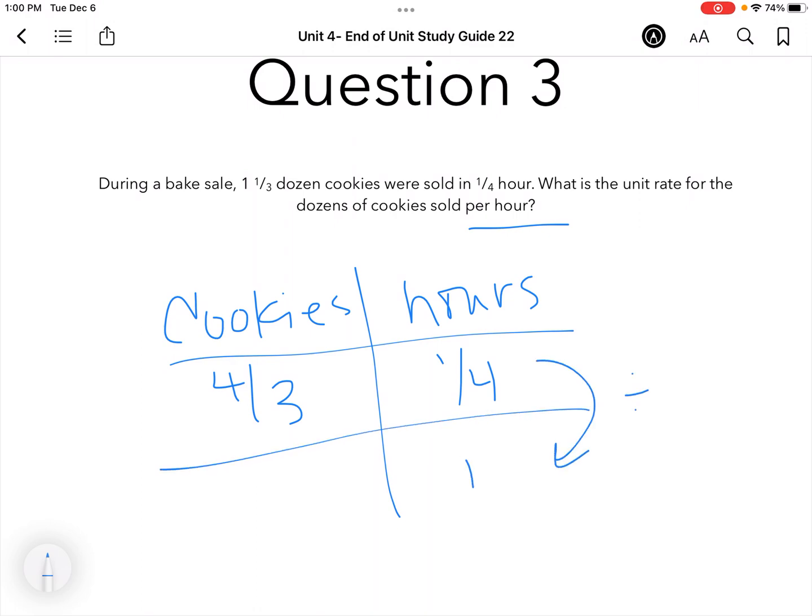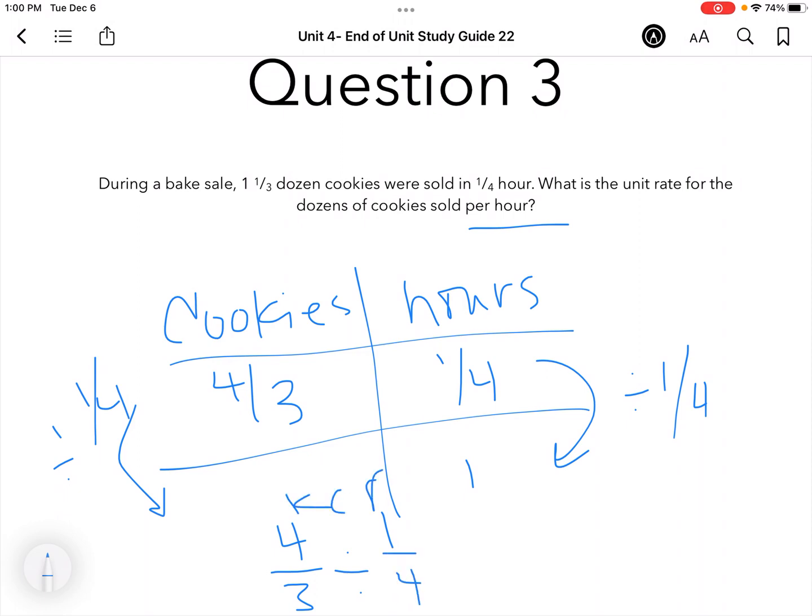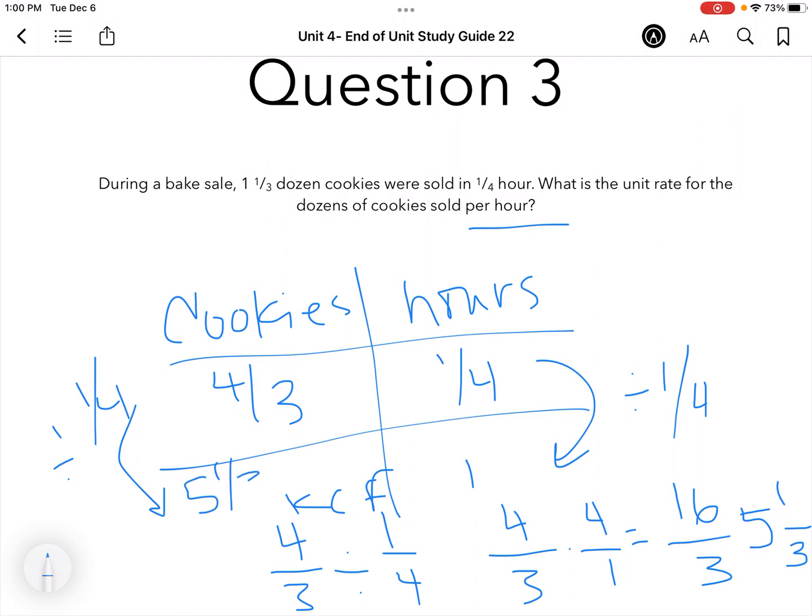So I'm dividing by 1/4. So 4/3 divided by 1/4. Keep, change, flip. So 4/3 times 4/1. And I get 16/3. So 3 goes into 16 5 times with 1 piece left over, because 16 minus 15 is 1. So that means you can make 5 1/3 dozen cookies.